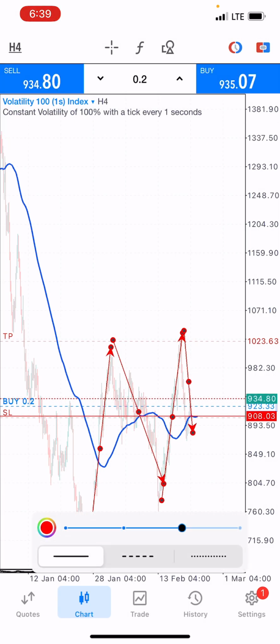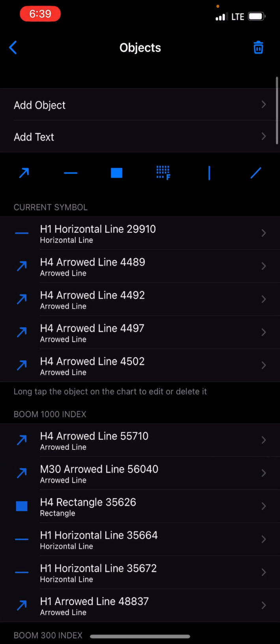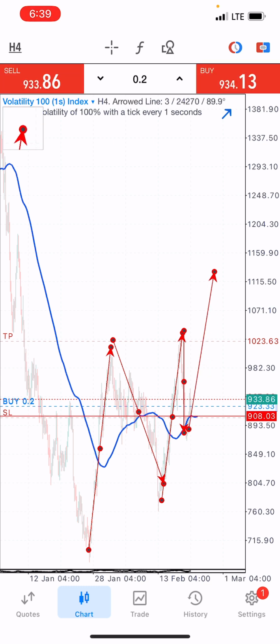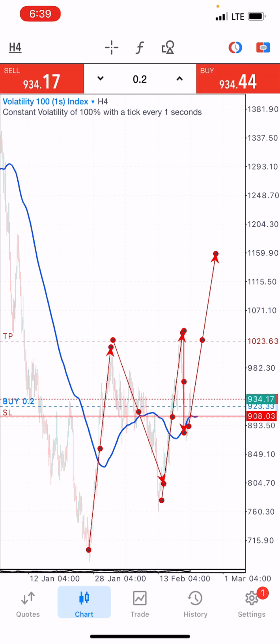This time the market didn't come down to this point, stop somewhere here to create a higher low, and it's likely going like this to break this other level, to move up like that. So that's my prediction.